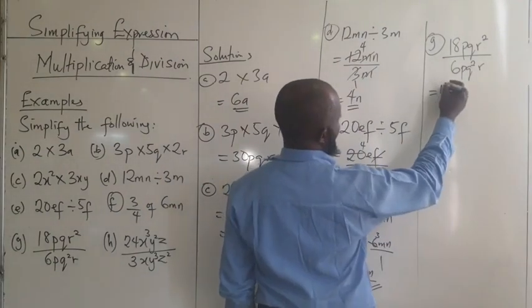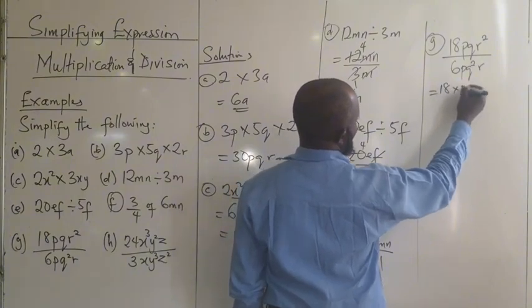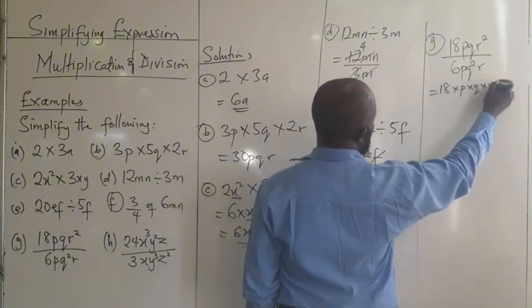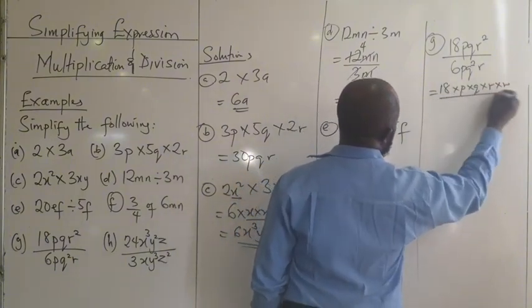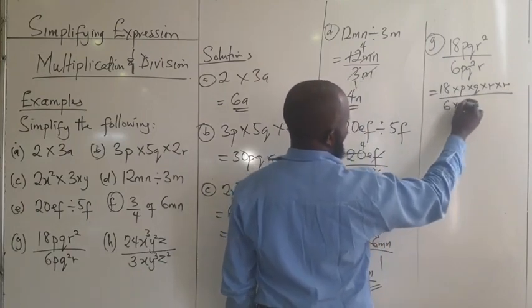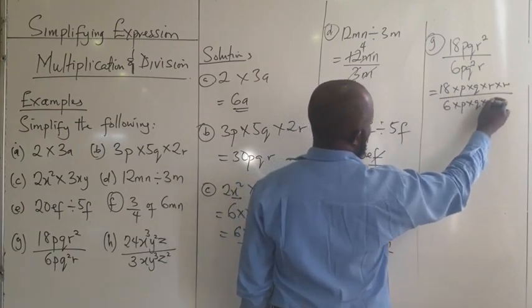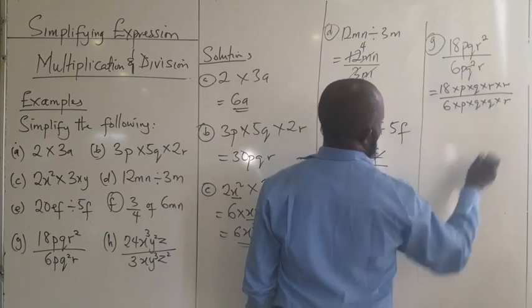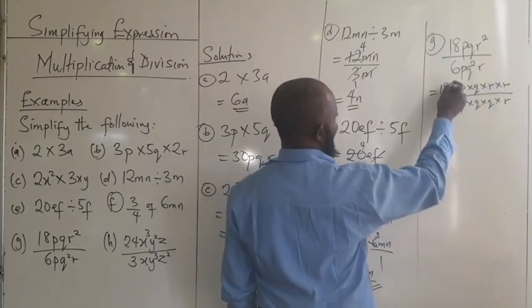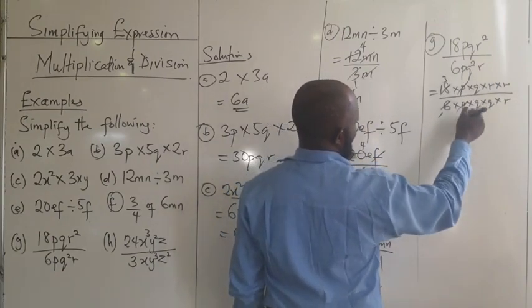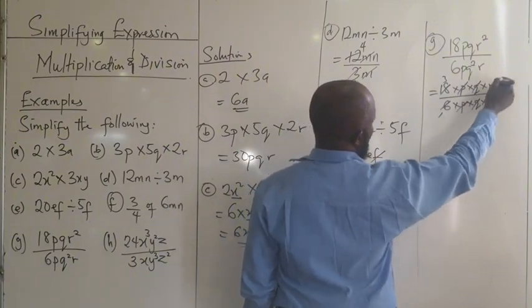So this is 18 times P times Q times R times R, divided by 6 times P times Q times Q times R. So 6 here 1, 6 here 3. P cancels P, Q cancels Q, R cancels R.